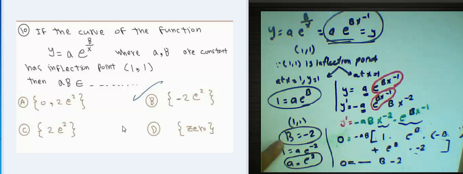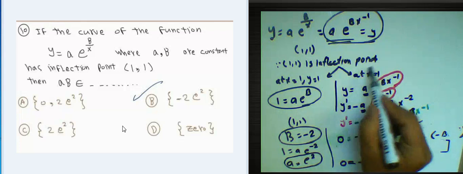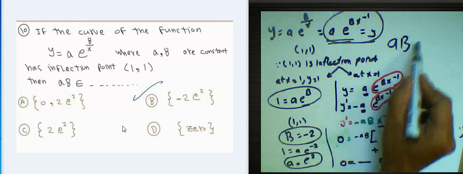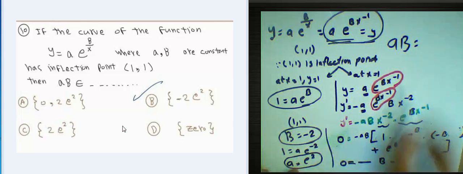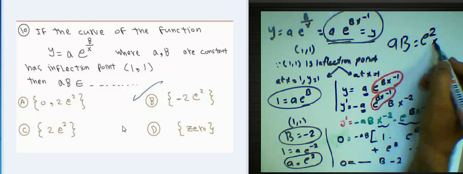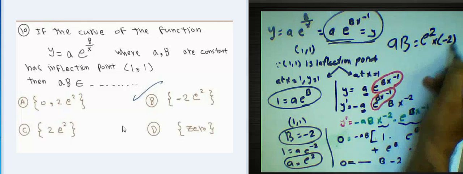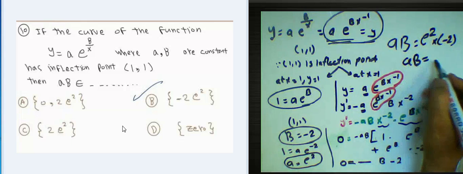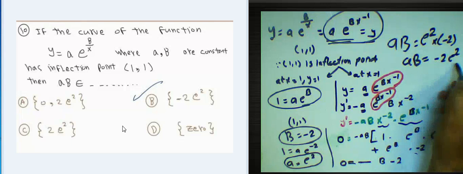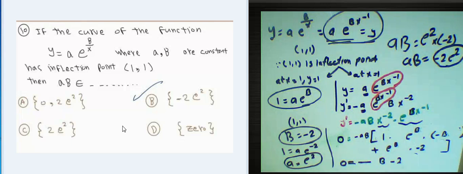We get b equal negative 2 and a equal e power 2, then we can find the multiplication of them. We want to find a times b, a equal e power 2 multiplication by b negative 2, then ab equal negative 2 e power 2. It's the result. Understood? The result will be letter P.